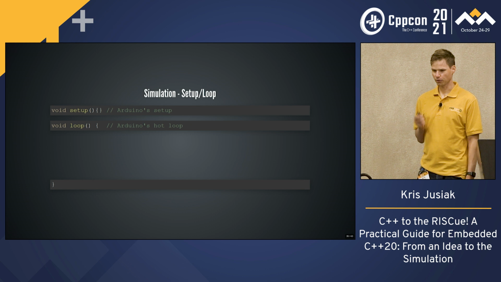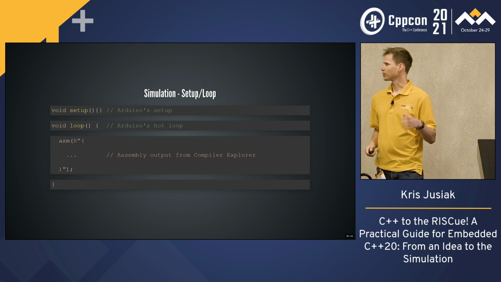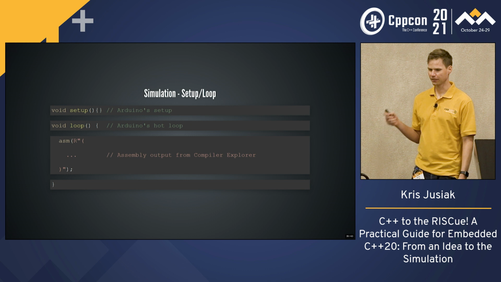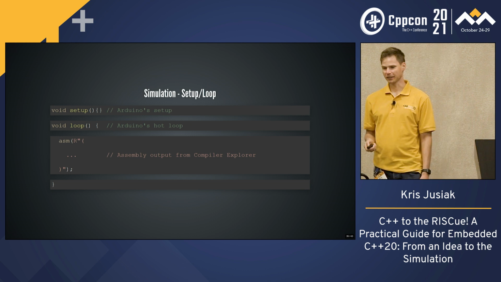So what we can do instead is use Compiler Explorer. What does it mean? We have assembly. We can go to Compiler Explorer, take the right side of it, copy the assembly, paste it into the simulator, and be good. And we'll see that actually it does work.